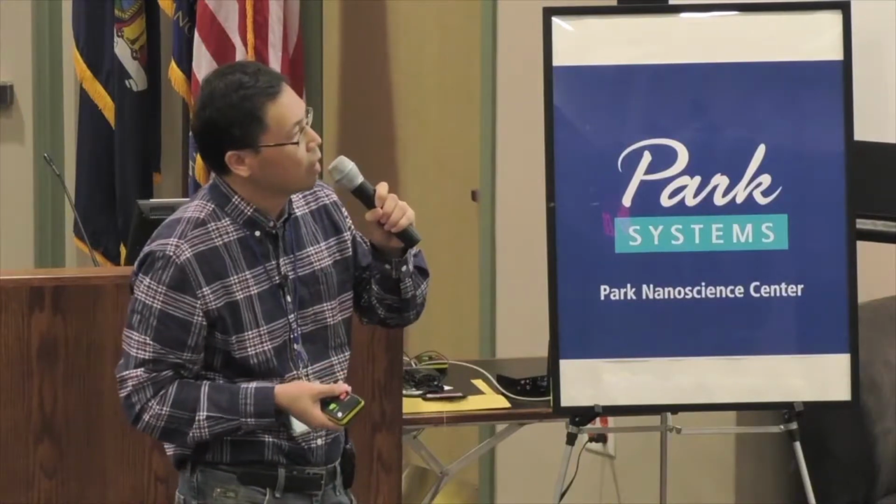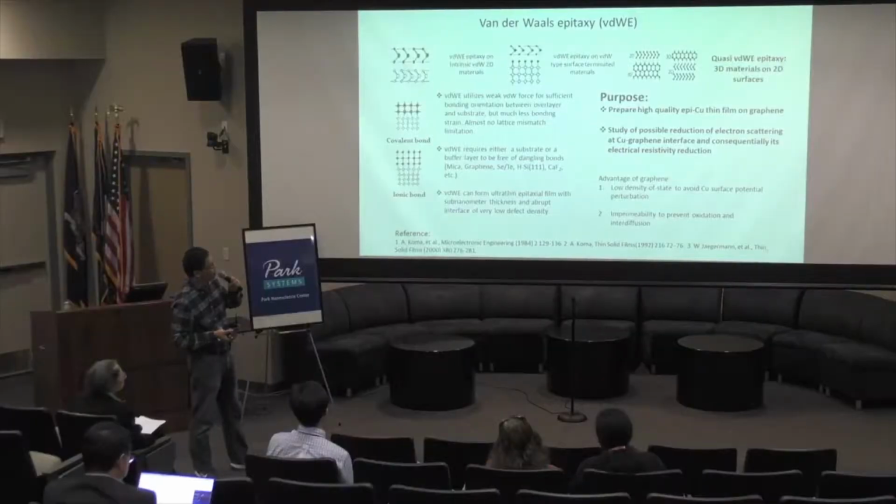So today I'll talk about copper thin films grown on graphene using this Quasi van der Waals epitaxy. We want to achieve high quality epitaxial films on graphene to study the electron surface scatterings. Why do we choose graphene? Because graphene has some advantages.